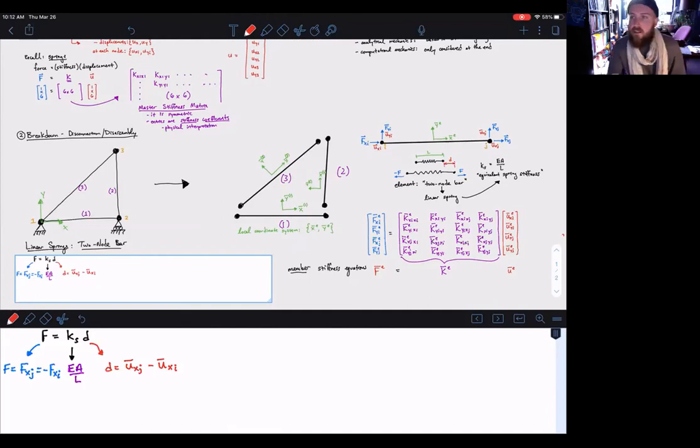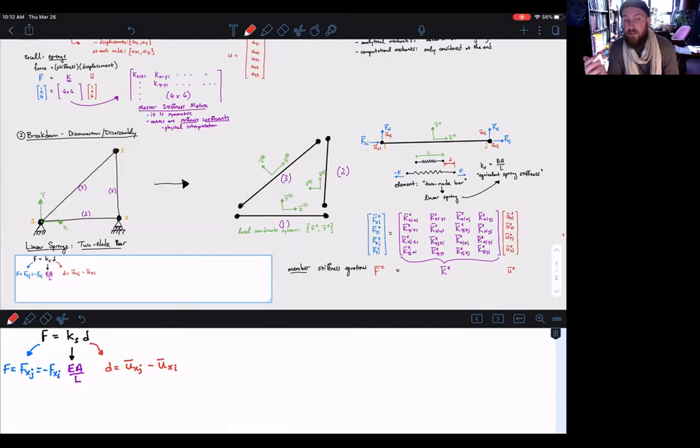And really, what I've written right here is the solution, or this is the member stiffness equation for a 2-node bar, right? It's that the force at node xj has to be equal and opposite to the force at node xi.